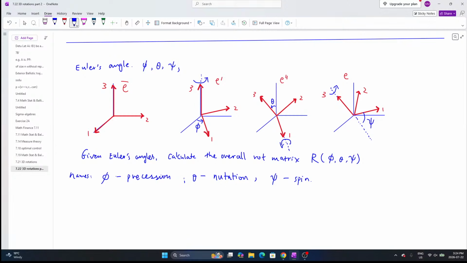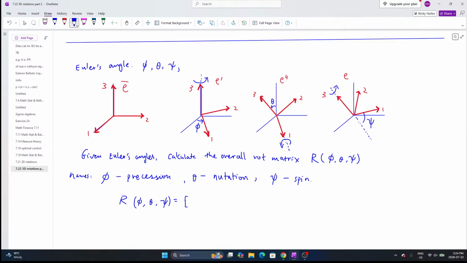All right. Okay, so remember, there is a fact that we know from linear algebra. The idea is we wish to express the R here, R of phi, theta, psi. You should have three columns.